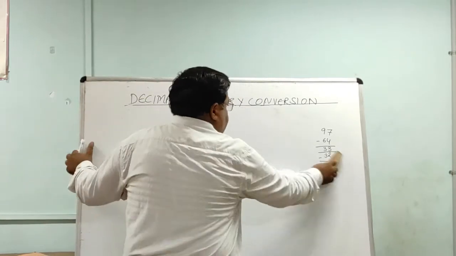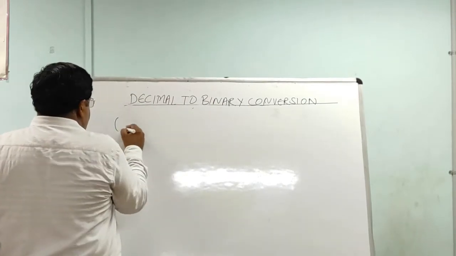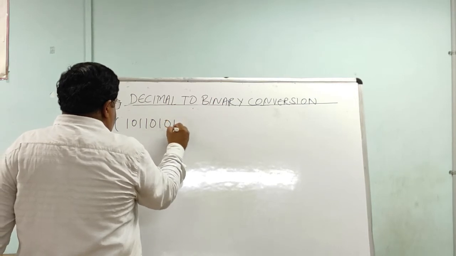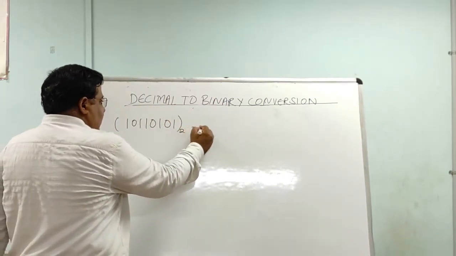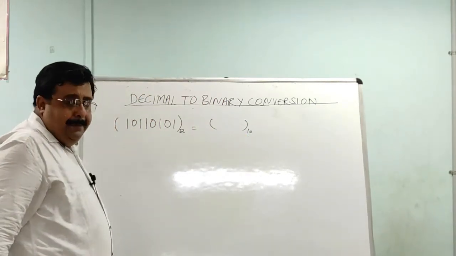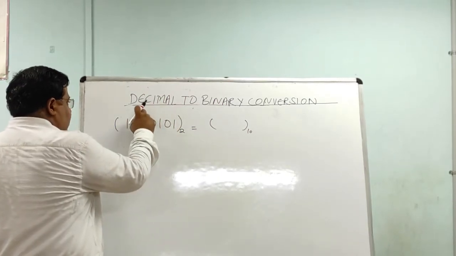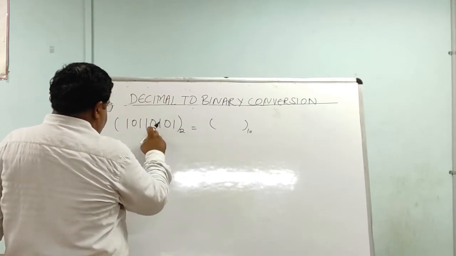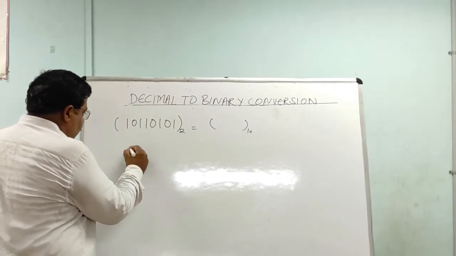Now let us have a number. I don't know what this number is, but let us convert this number into its equivalent decimal number. So 1, 2, 3, 4, 5, 6, 7, 8 bits.